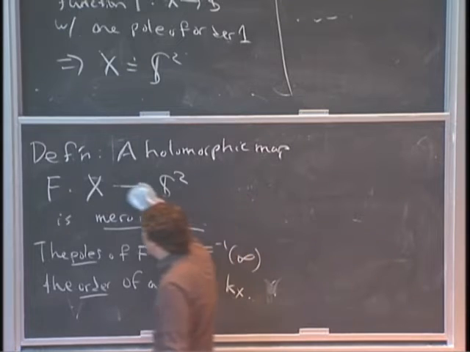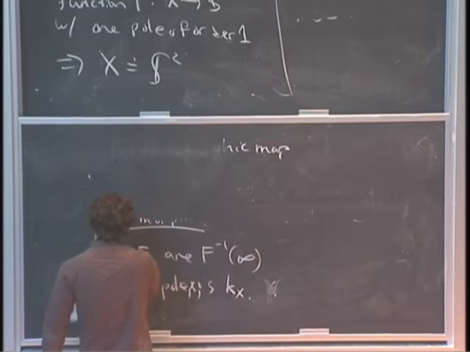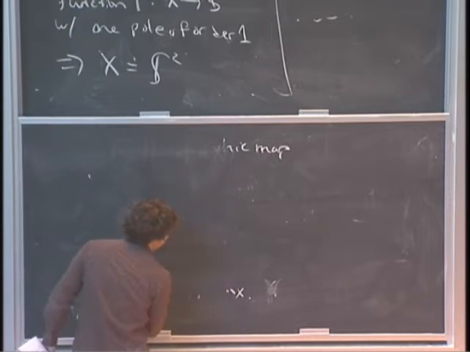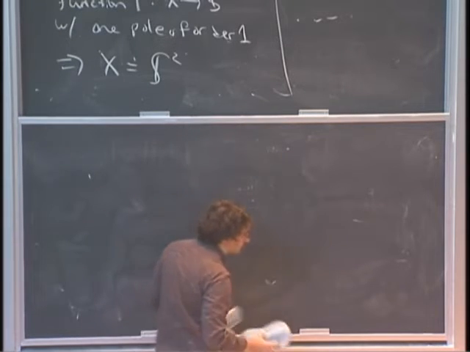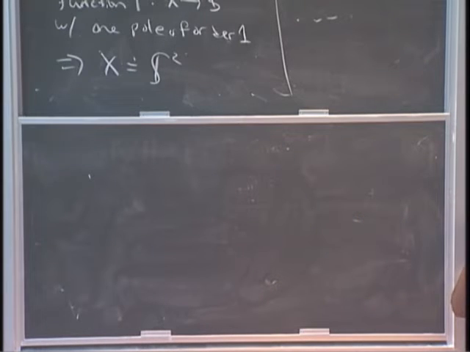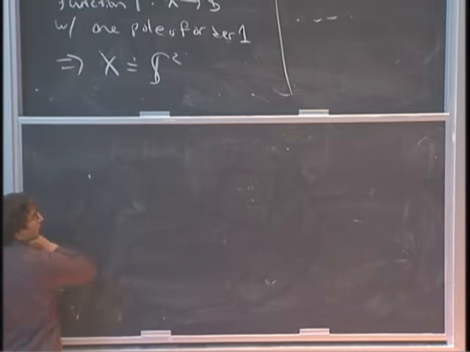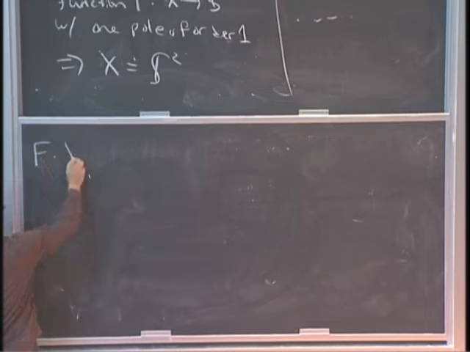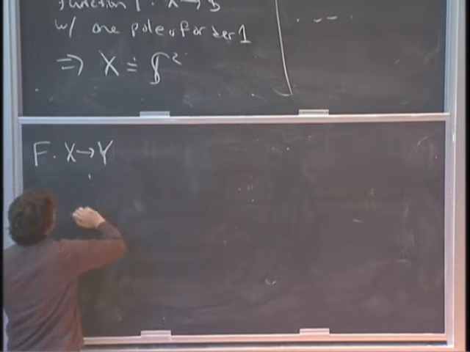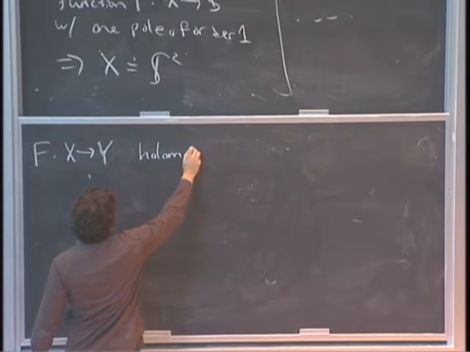Using a sort of theory of covering spaces. Okay, so from now on, we're assuming that we have a function f from X to Y, which is holomorphic.